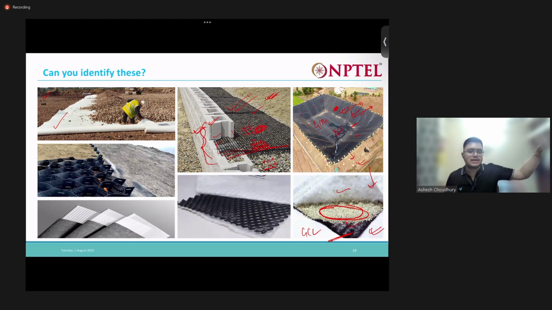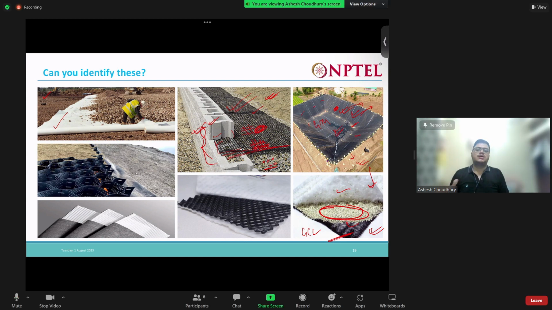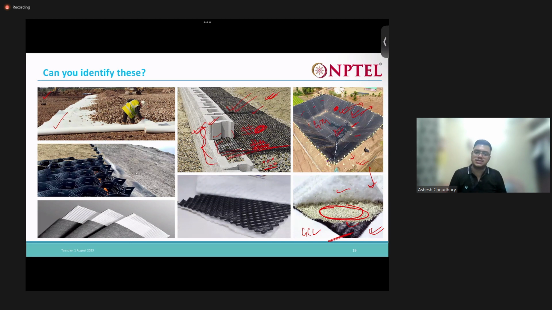So if anyone is living nearby and doing a boring for a tube well or something, the groundwater will be completely contaminated. It won't be suitable, it will be hazardous to humans. So to prevent that, these barriers are used, so that the harmful chemicals or gases cannot percolate into the ground and damage the groundwater and the surrounding virgin soil.